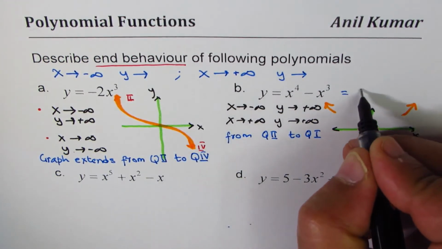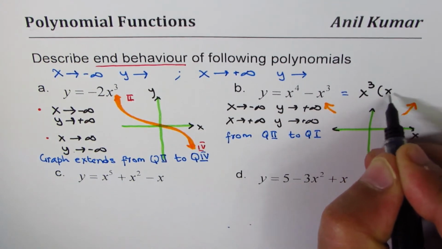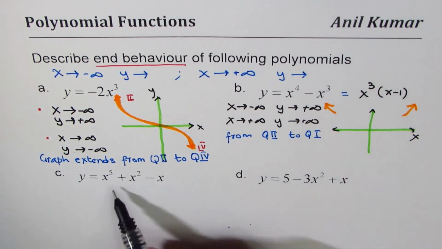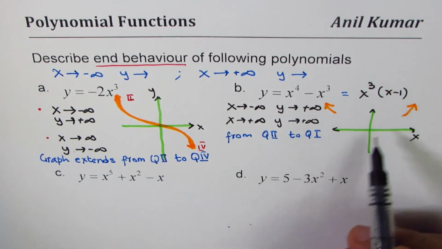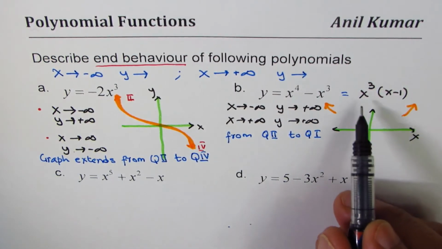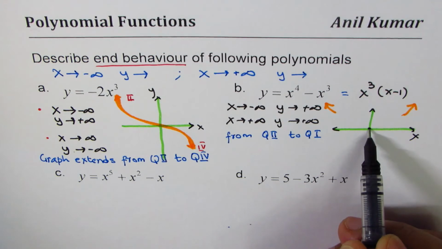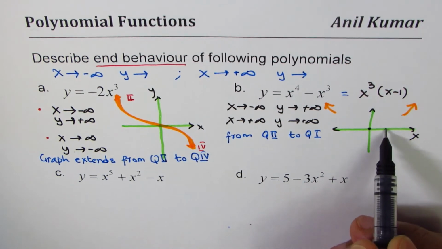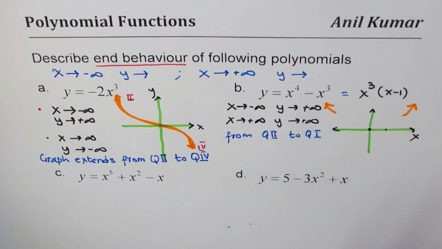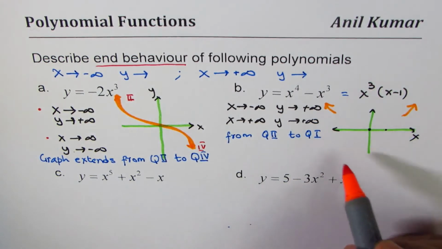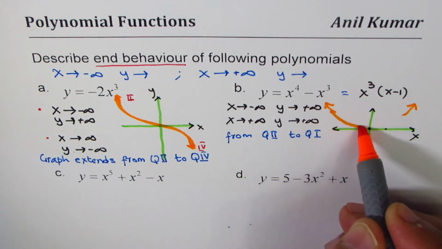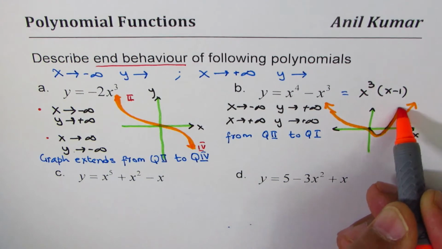Well, I can take x cubed common, so we get x minus 1. We'll not do the same for the other two, just to give you an idea how the concept works. x cubed means zero at 0, x minus 1 means zero at 1. This is linear, this is cubic. So the graph could be kind of like this. Now let me extend this.